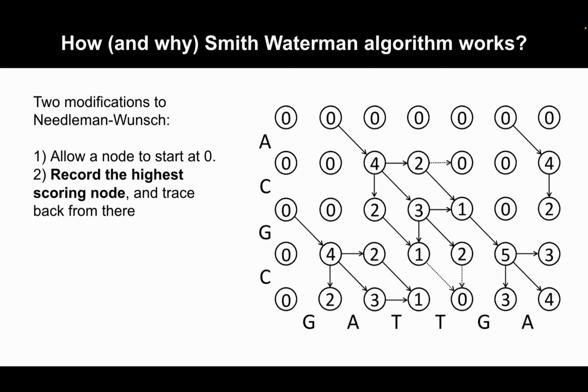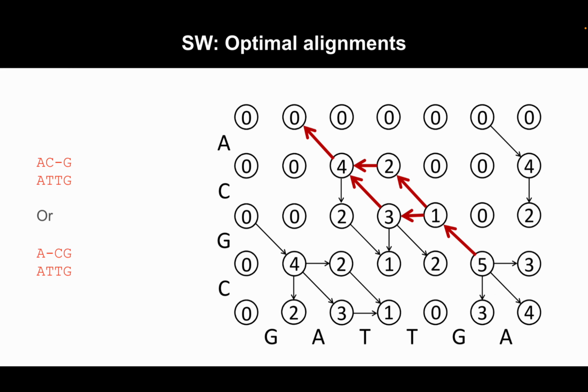So to do that, you look for where in your graph do you get the maximum possible score, because your alignment can begin anywhere. It doesn't have to necessarily begin here. It can begin here, here, here, here, here, here. But it has to, of course, end somewhere, no? So you figure out that, okay, 5 seems to be the biggest where it seems to be ending. This is the biggest value that you get in this matrix. Your trace back begins from there.